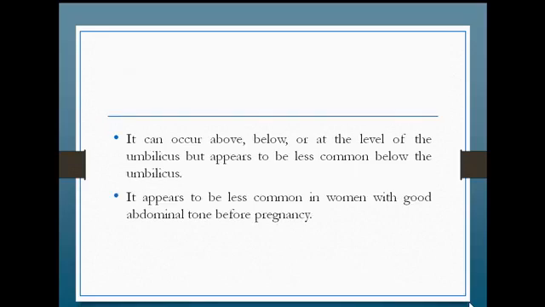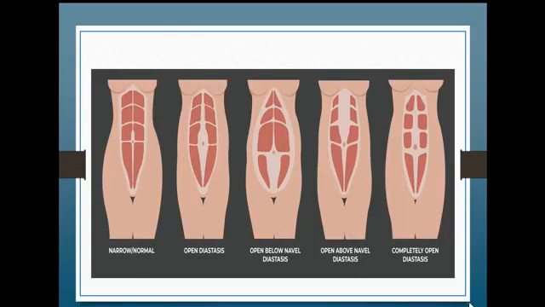Now there are three levels at which DRA can occur. In the first picture, you are seeing the normal rectus abdominis muscle. In the second picture, you can see that at the level of the umbilicus there is a separation of the rectus abdominis muscle. So basically there are three levels at which the muscle can be separated: at the level of the umbilicus, above the umbilicus, and below the umbilicus.